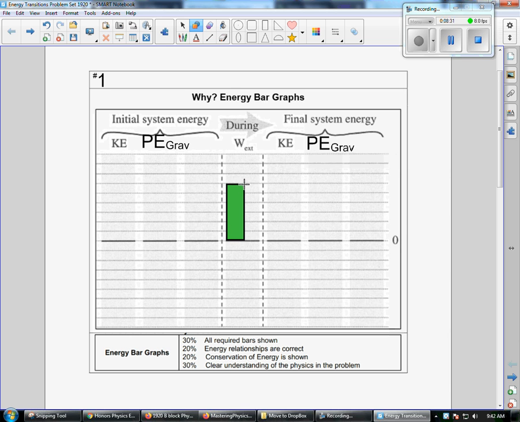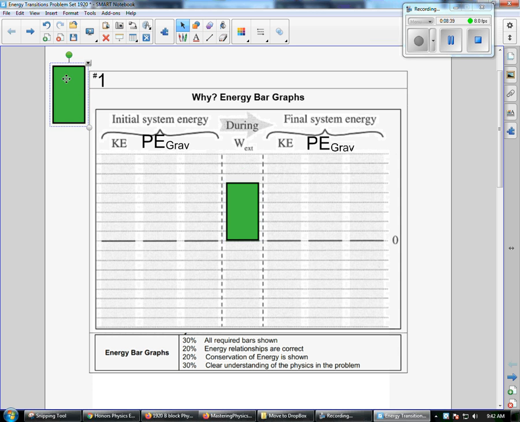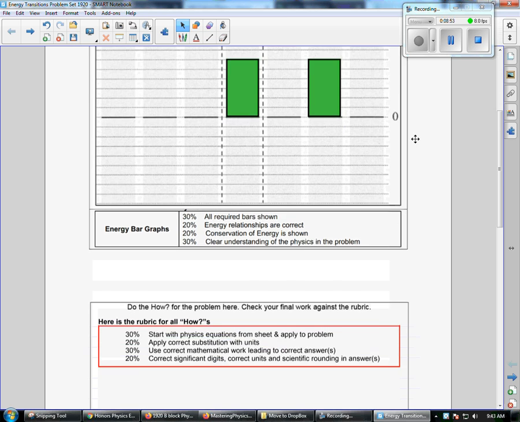They do a bunch of work on it like that. And then that's all going to go into PE grav. And there's my full credit Y. Yes. Excellent.